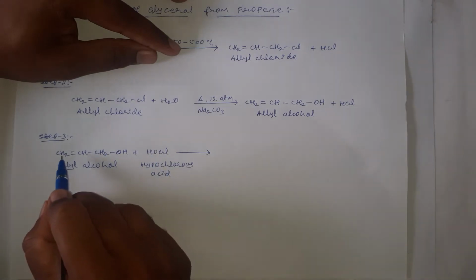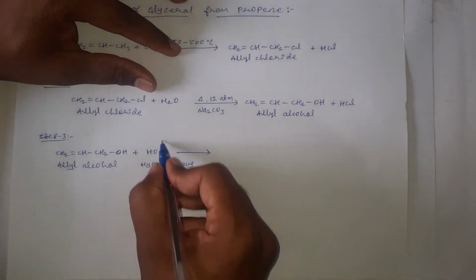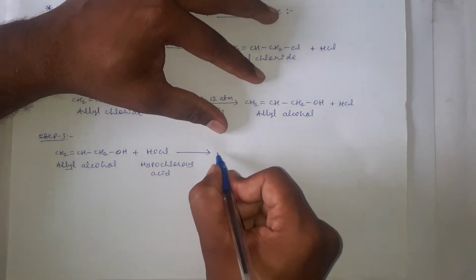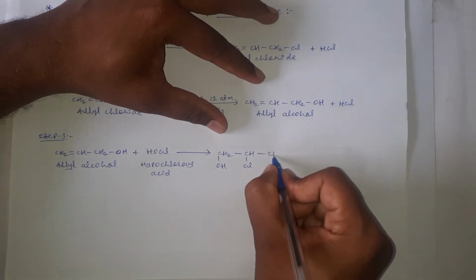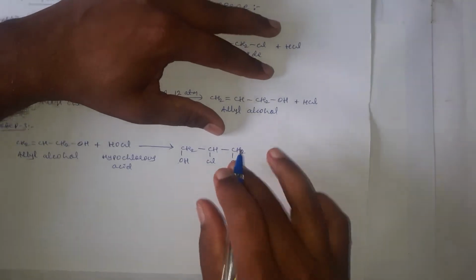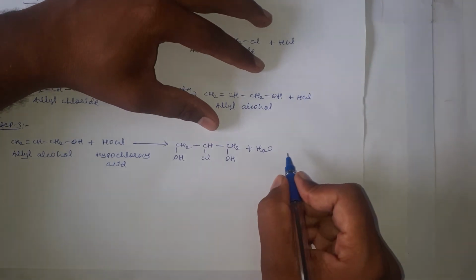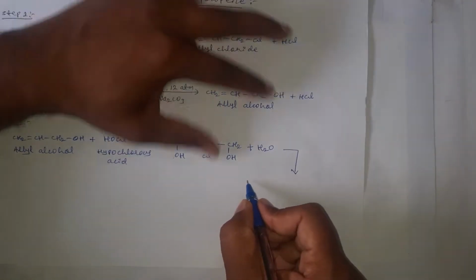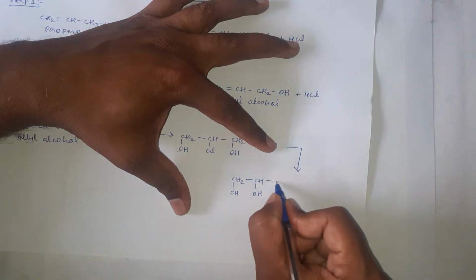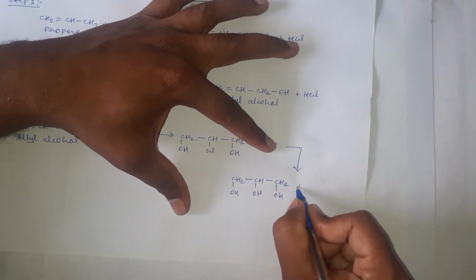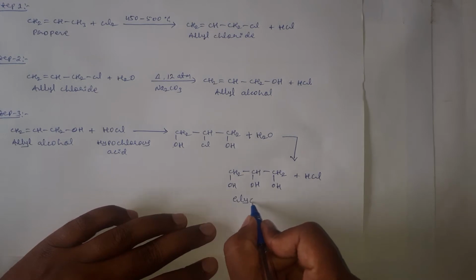This addition takes place on the double bonded carbon atoms and follows Markovnikov's rule, therefore the negative part will add to the carbon which has fewer hydrogens, giving CH2Cl-CHOH-CH2OH, sorry, CH2OH-CHCl-CH2OH. When this intermediate is hydrolyzed, that is, reacts with water, we have CH2OH-CHOH-CH2OH with the liberation of hydrochloric acid, HCl, and this is our desired product, glycerol.